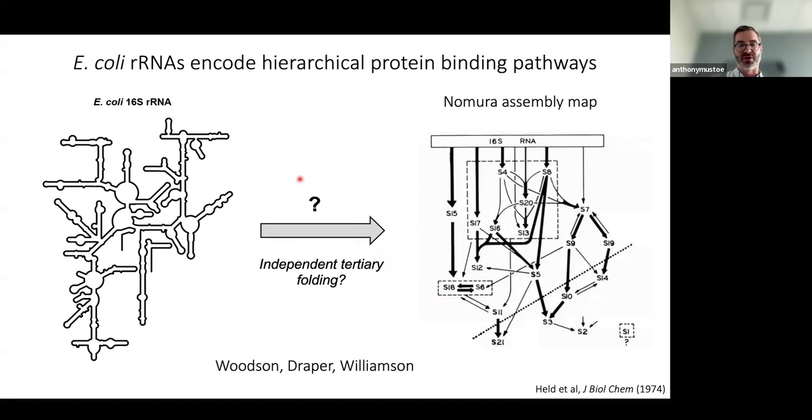Work from Sarah Woodson, Draper, and Jamie Williamson, and others has shown that portions of the ribosomal RNAs can fold independently of proteins, and there seems to be a correspondence between which regions of the ribosome fold independently and where the earliest ribosomal protein binding events occur.